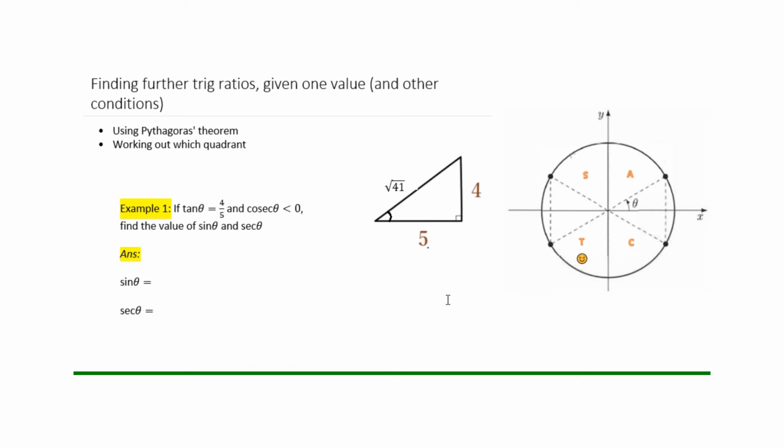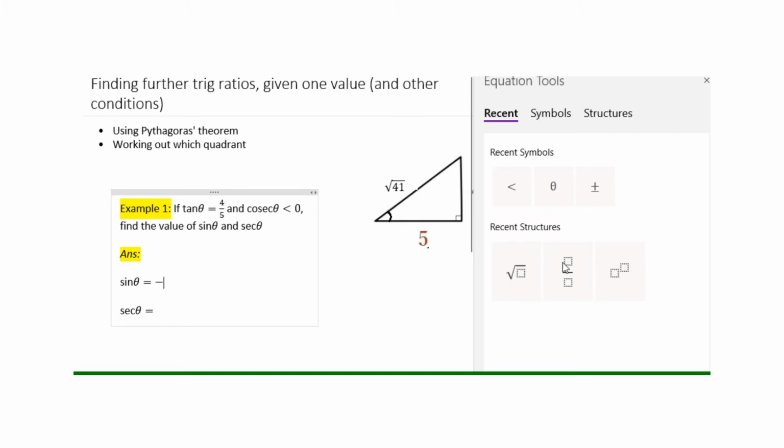Now we can answer the question. Sine theta, in the third quadrant, is negative, and sine is O/H, so we go back to our triangle. In this case it is negative 4 over square root of 41.